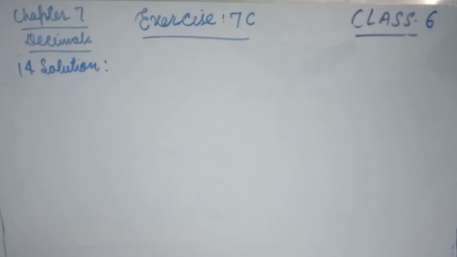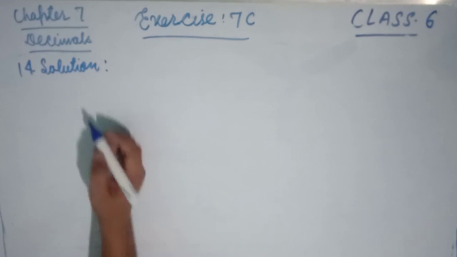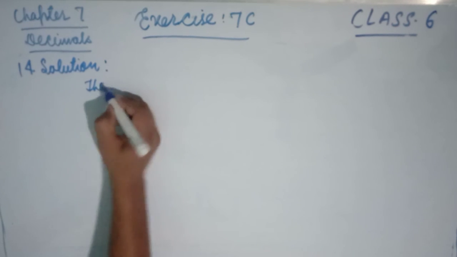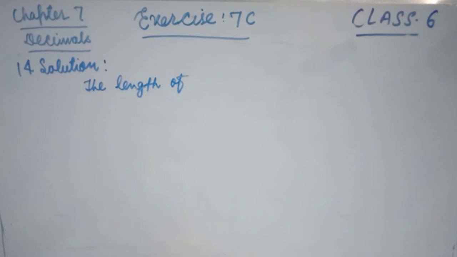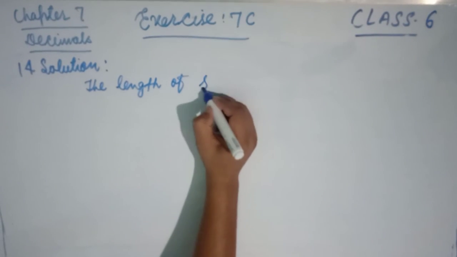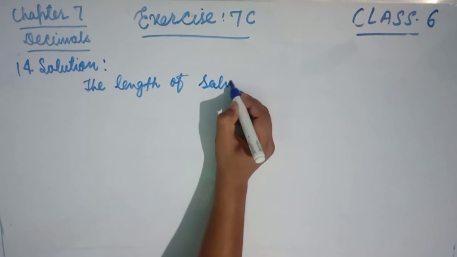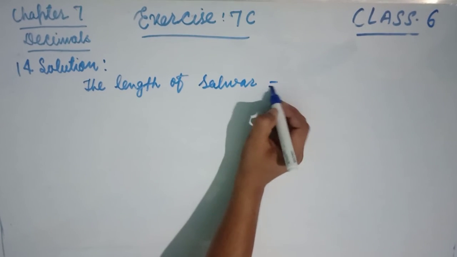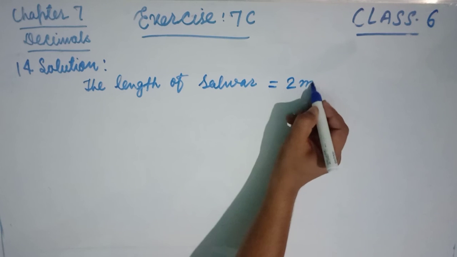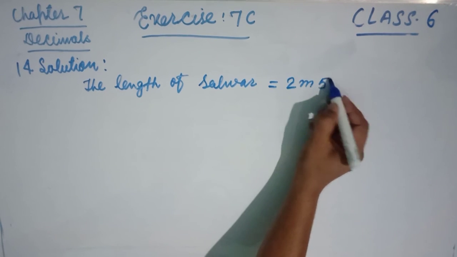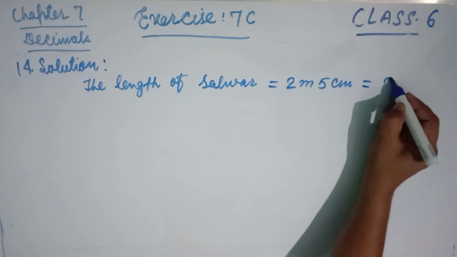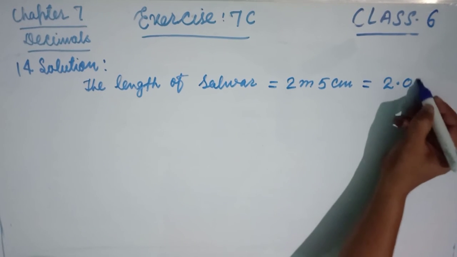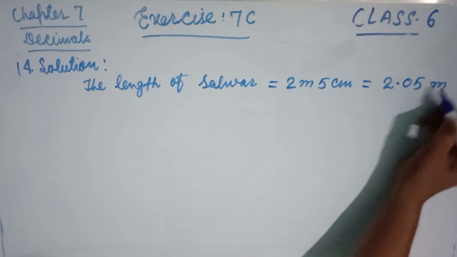Now the length of the salwar, we can write, the length of salwar is equal to 2 meter and 5 centimeter. So this number could be written as, friends, 2.05 meter. Why friends? Have a look.